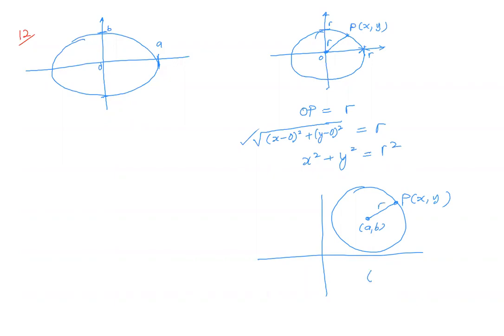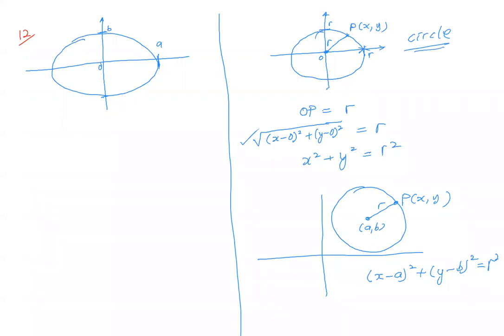So I have (x minus a) squared plus (y minus b) squared equal to R squared. So this is talking about a circle. Please bear in mind, we can ask you a question like that, just to let you have something extra.